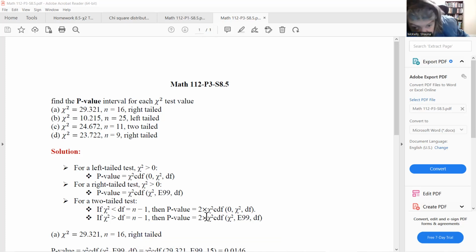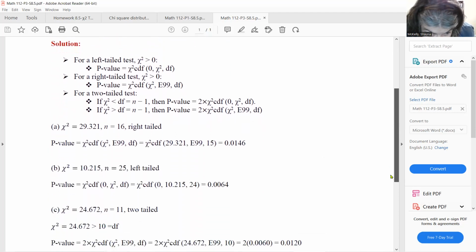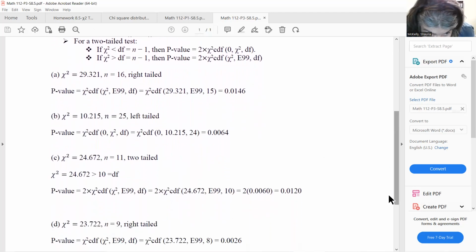So in this case, if you remember, let's scroll down so I can show you. In this case, if you remember, my chi-squared is 24.672. My df is 11 minus 1, which is 10. Therefore, it's larger than my degree of freedom.